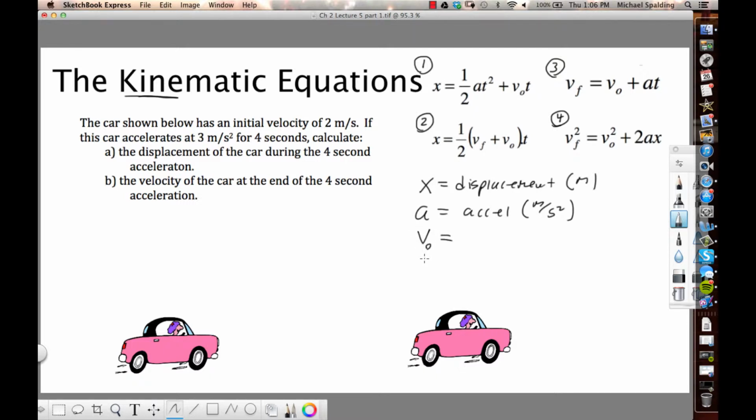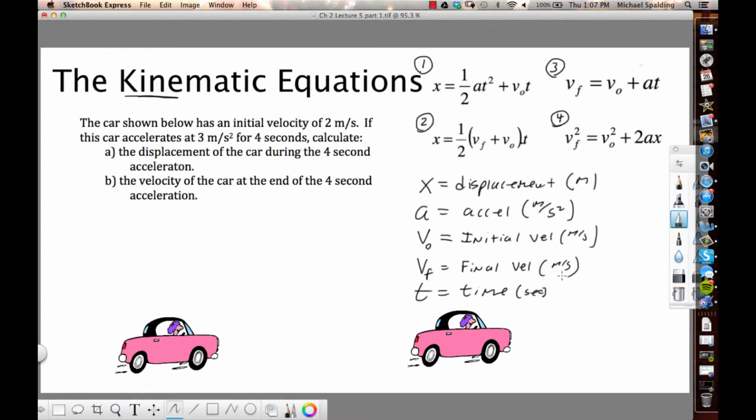V naught is what? Initial velocity in meter per second. And then VF is final velocity of the object. And then lastly is T, which is time in seconds.